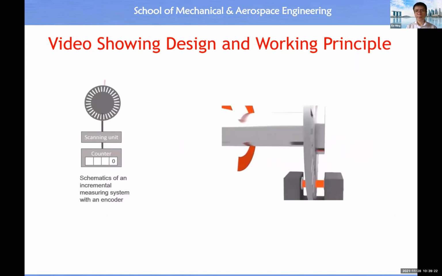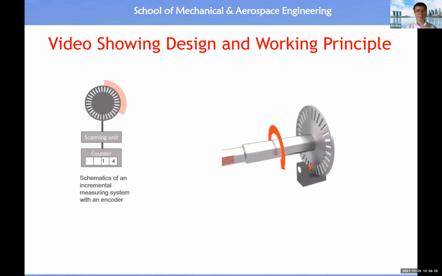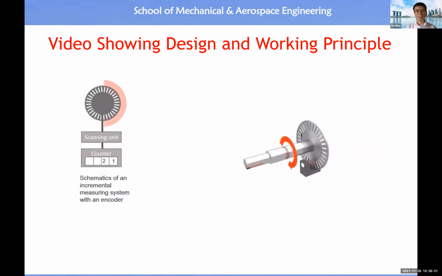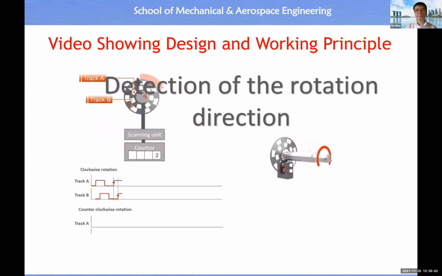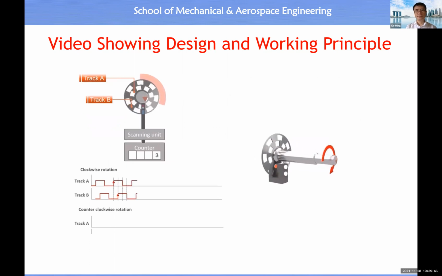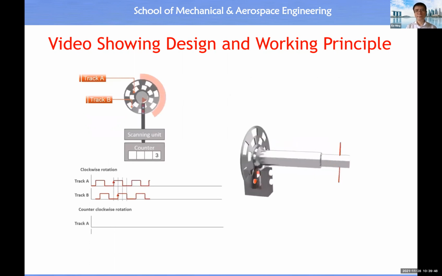A light-emitting diode serves as transmitter and its light is detected by a photodetector. Therefore, the encoder can generate a sequence of pulses. The output is measured in pulses per revolution, which can be used to determine either the position or the rotational speed. To detect the rotation direction, the encoder needs two tracks. The sense of rotation determines which signal coming from track A or track B is leading.